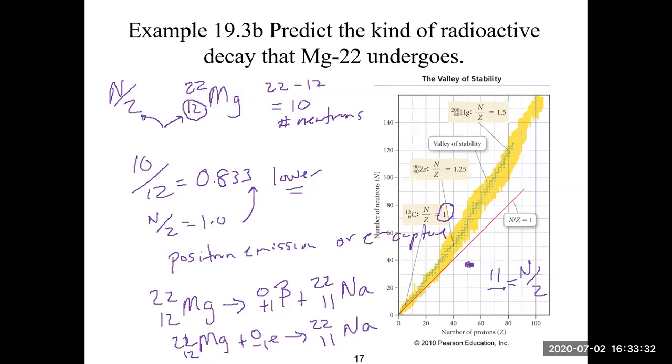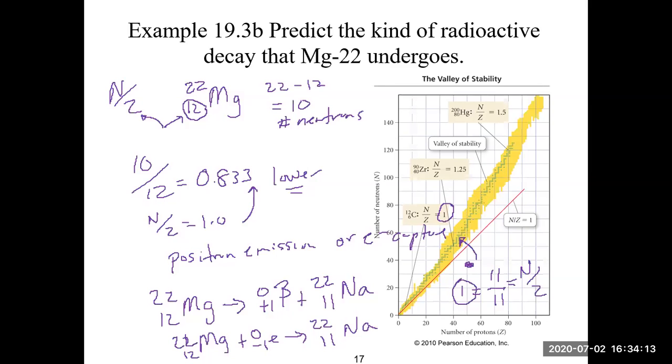And our atomic number here is 11, which means we went from our original guy that had a ratio that was too low, and by going through this decay process, we actually, in this particular example, hit the perfect ratio by going through one of those two processes. As I mentioned before, it won't always be that way. You won't always hit the perfect ratio after you do the first decay process. You don't have to continue to do it until you hit it perfect, but it definitely should move you in the right direction. So as you can see here, it definitely did move us in the right direction.